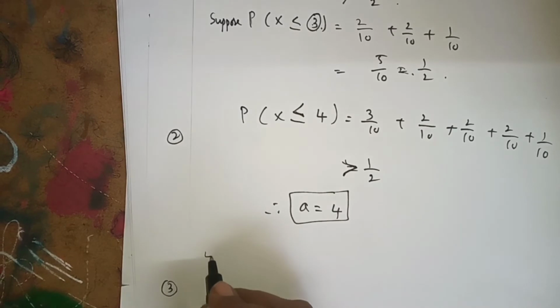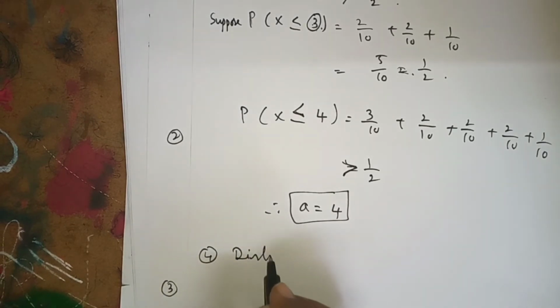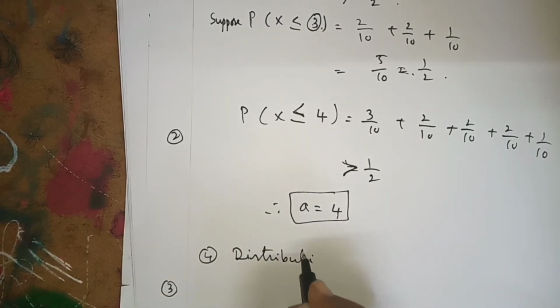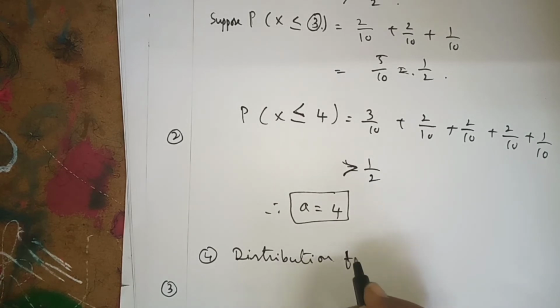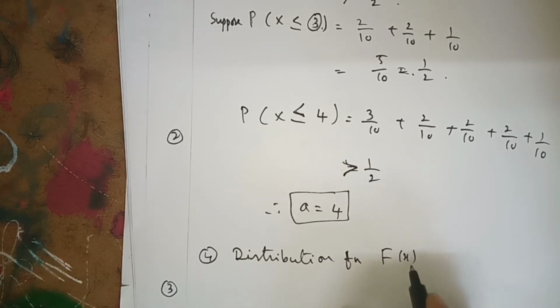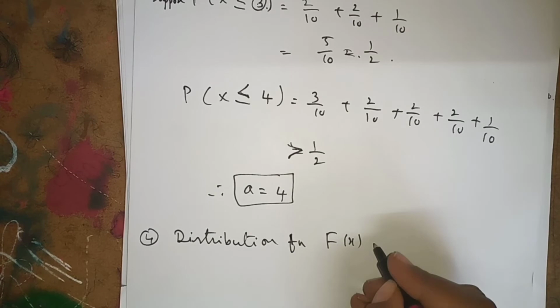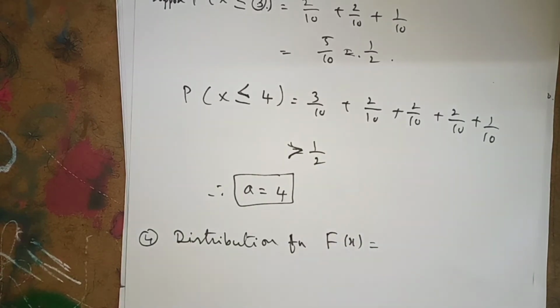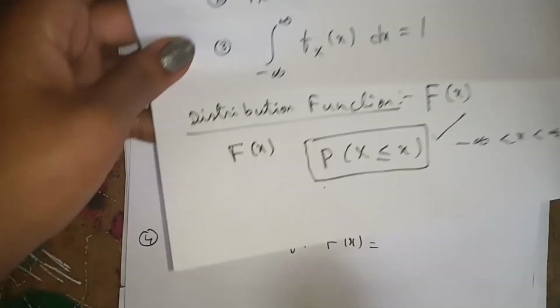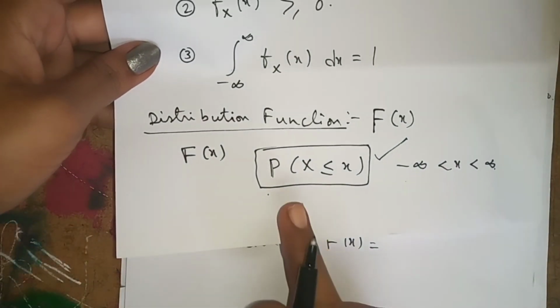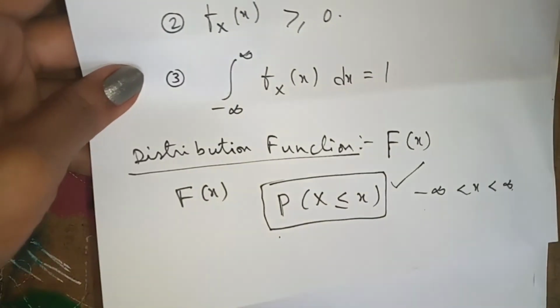And finally, the fourth bit: the distribution function, capital F of x. The distribution function you always have to denote with capital F of x. The formula of the distribution function, which I have just given, is P of X less than or equal to x.